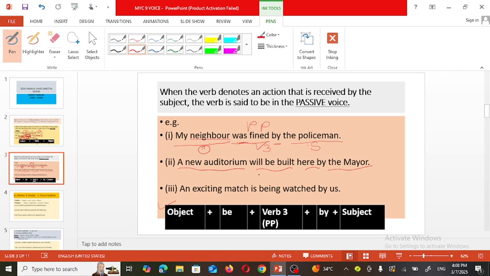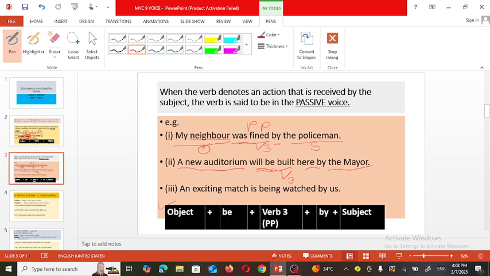Now what is the action here? Build. So building is the action, will be built, in simple future tense. The V3 form of build, built, is used here.